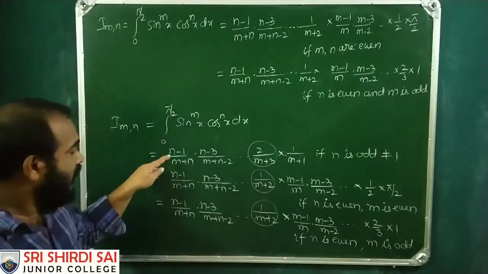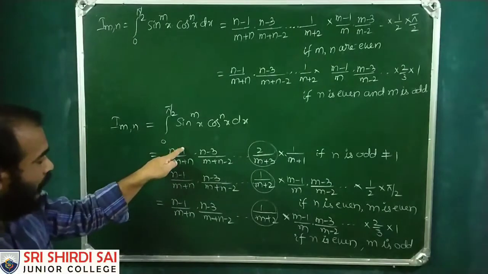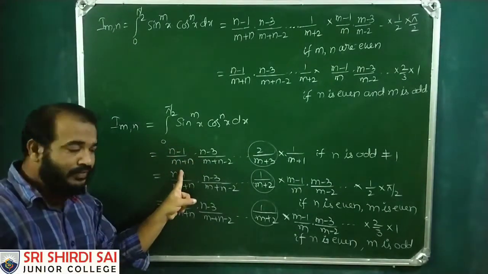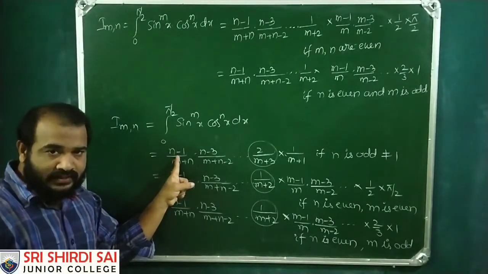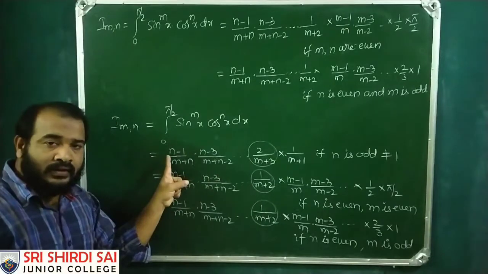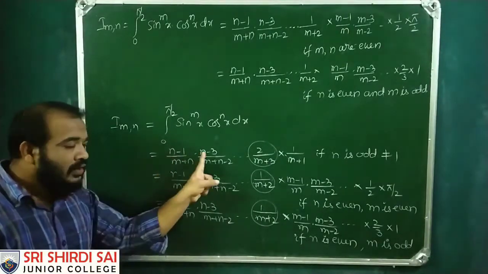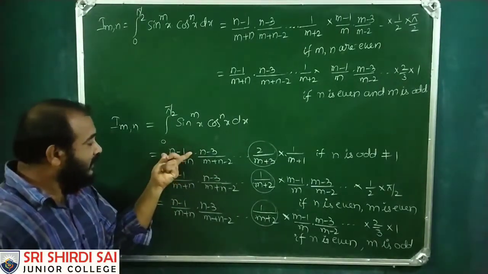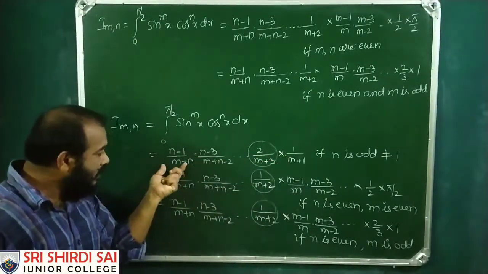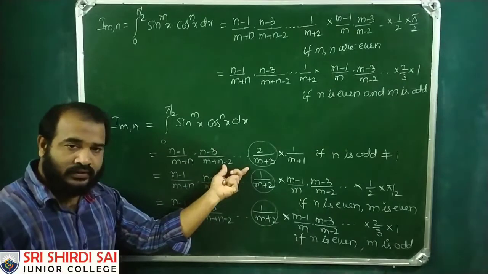Only thing is, for all of them, (n minus 1) by (m plus n), you need to remember. And go on writing the numerator with the successive factors reduced by 2. And so is the case with the denominator as well.